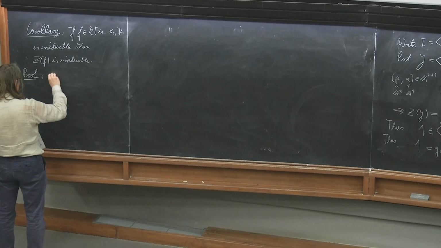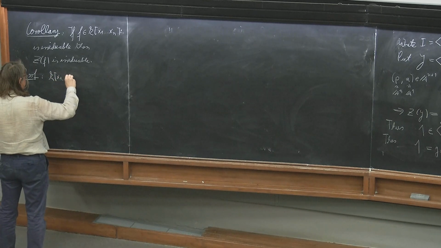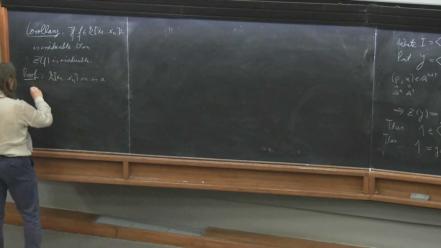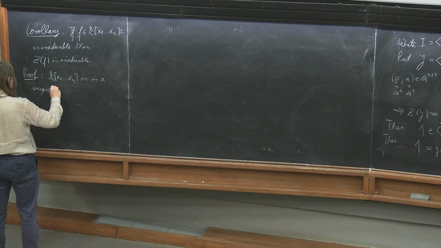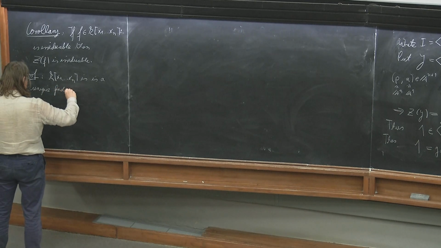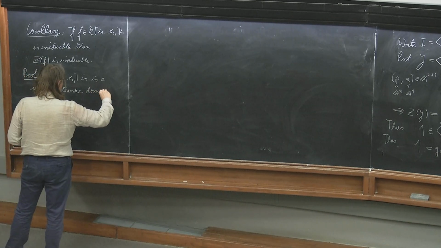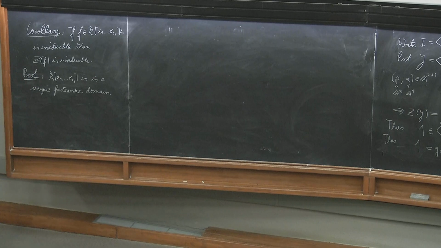So the statement is that k[x1 to xn] is a unique factorization domain. You don't really need to know what that means, but in particular, it means that if you have an irreducible element, then the ideal generated by it is a prime ideal.